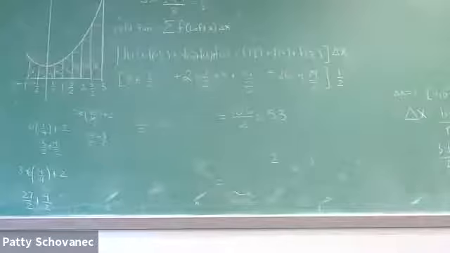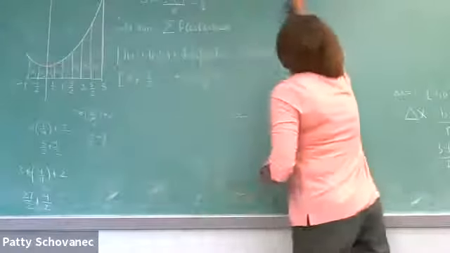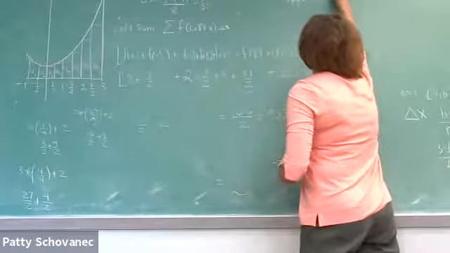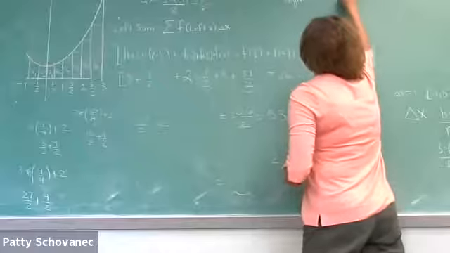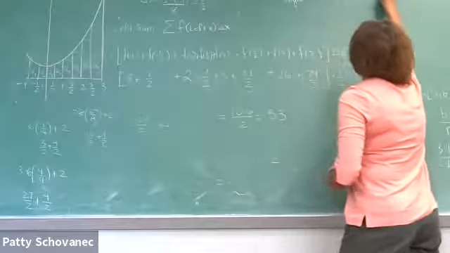Okay, now let's make a right sum. So the only difference in the right sum is that we're going to take this thing and evaluate f at the rightmost x times delta x.